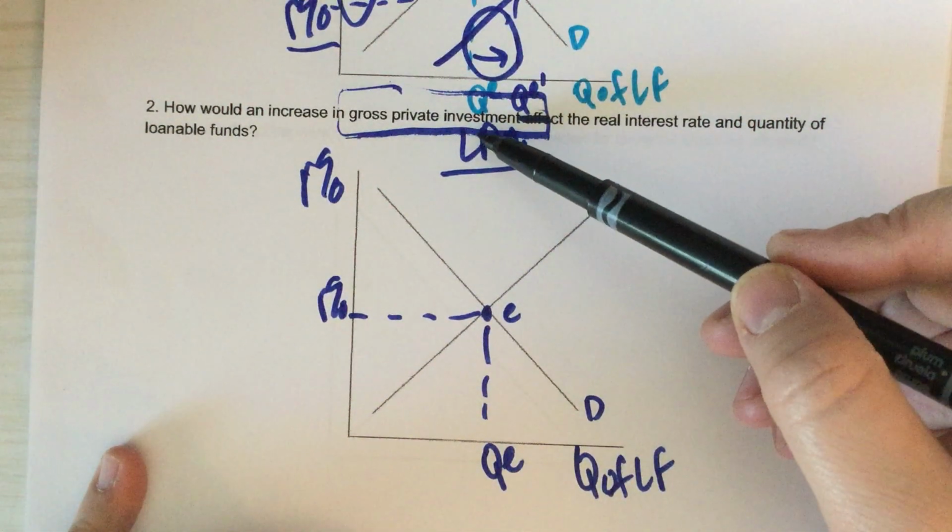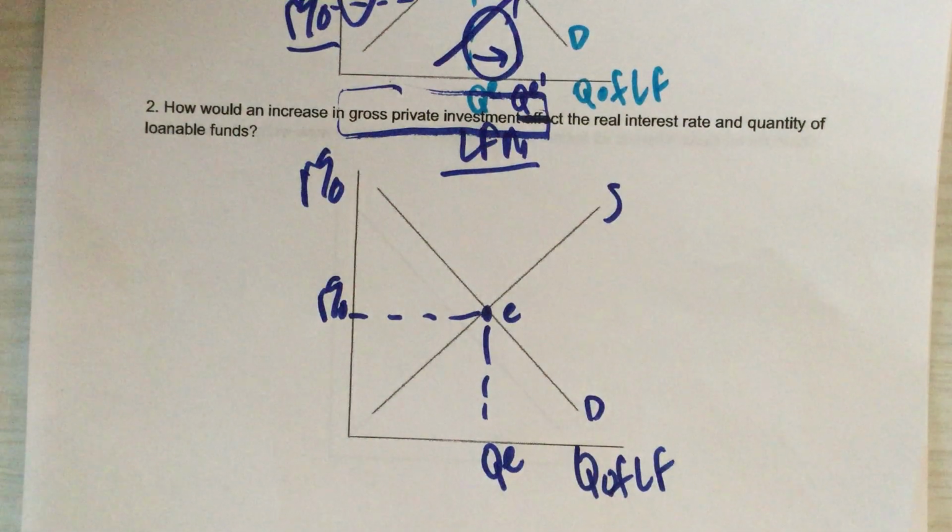And if they're investing in their economy, that means that they're borrowing money to invest in capital stock. Capital investment, private investment, those are all the same thing. And they basically are businesses borrowing money in order to buy more tools, more machinery, more equipment. So if they're increasing their gross private investment, that means that they are borrowing more money.